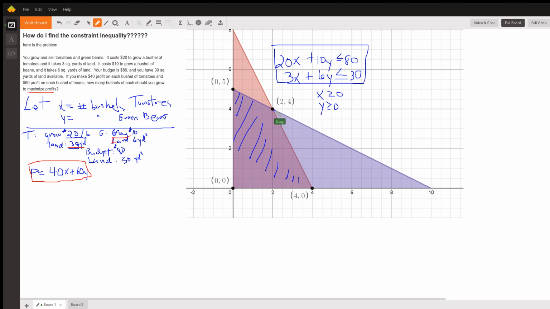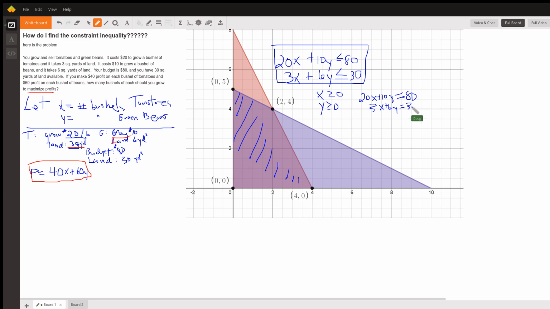This point (2, 4) can be found by finding the intersection of 20x plus 10y equals 80 and 3x plus 6y equals 30.